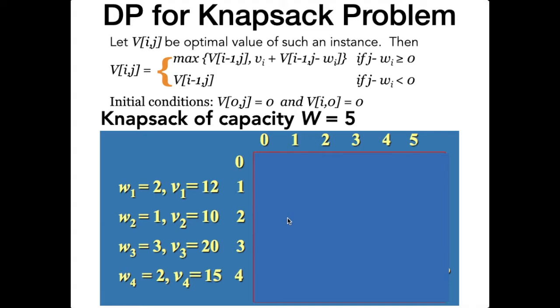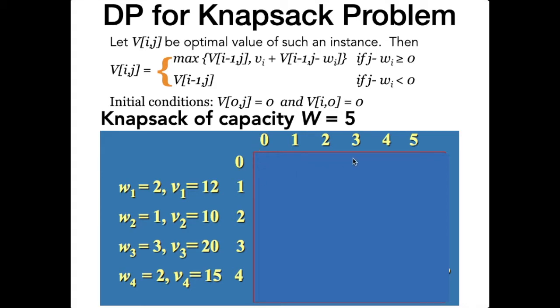Okay, so, let's start with the initial conditions. For the initial conditions, we have V(0,j): regardless of the capacity, if there are no items to put in, the optimal total value is 0, since you really cannot put anything.